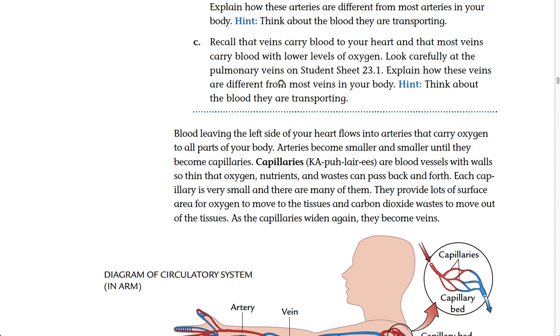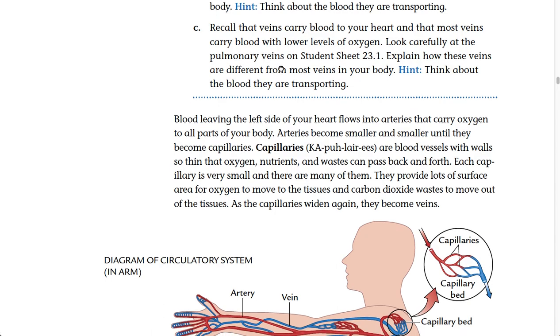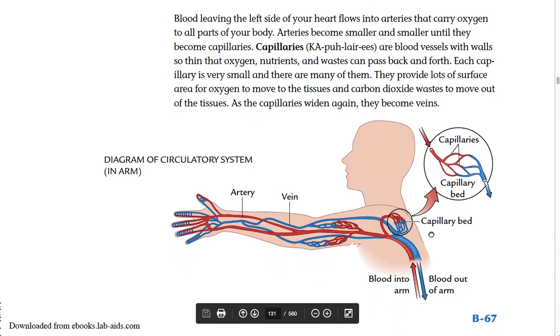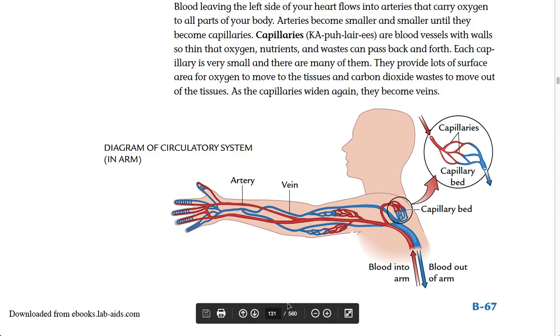They provide lots of surface area for oxygen to move to the tissues and carbon dioxide waste to move out of the tissues. As the capillaries widen again, they become veins. So there's a diagram of your circulatory system in your arm. Here are your arteries in red, veins are in blue, and then it gets down to the smaller levels here of your capillaries. Okay? All right.